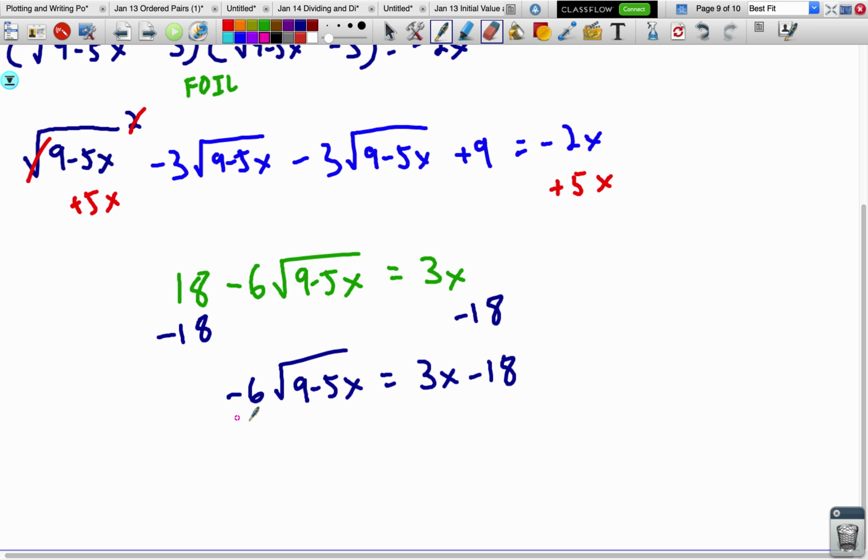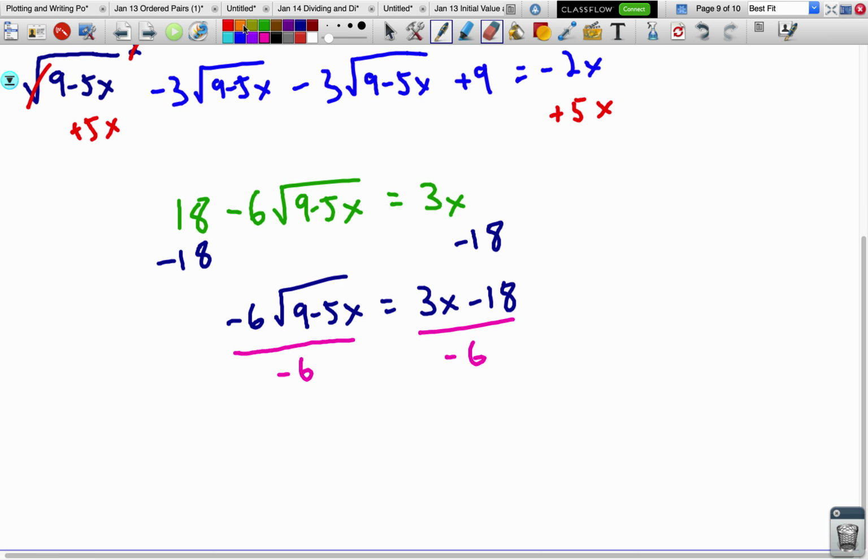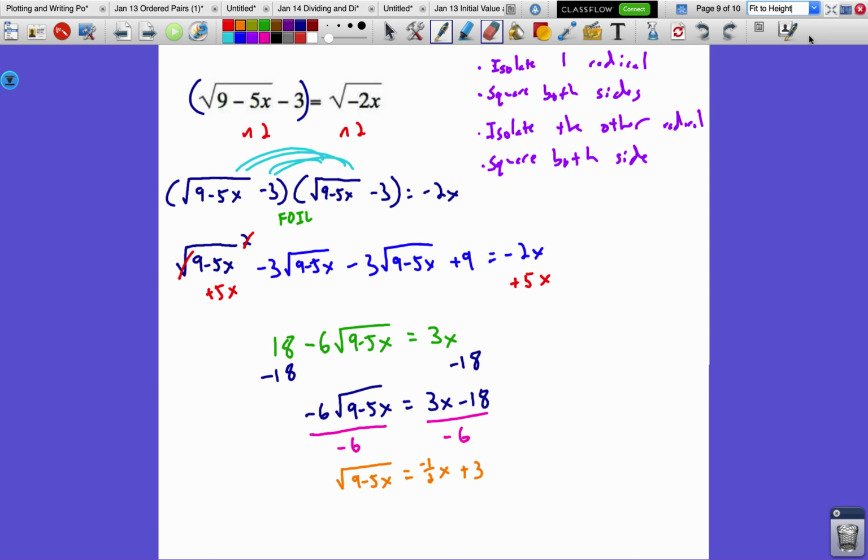And divide both sides by negative 6. And I get the square root of 9 minus 5x equals, well, it's negative 1/2 x plus 3. Second, I didn't think that this one ended up with a fraction.